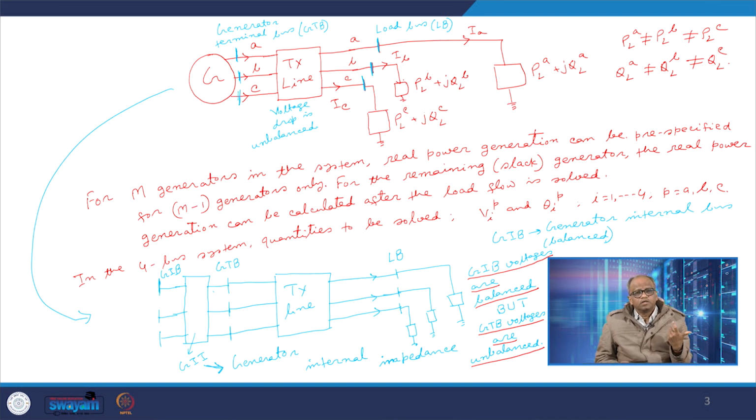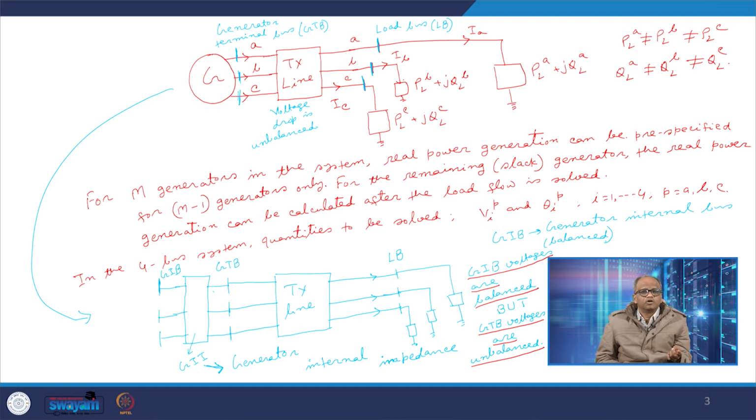But the voltage at this generator internal bus would be balanced because this voltage is actually generated by the generator winding arrangements. So although it is a virtual bus, for the sake of our calculation we will assume that every generator has one internal bus.